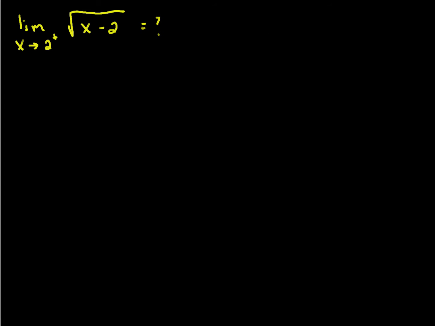Well, to compute it, we're going to let h be infinitely close to 2, but h strictly bigger than 2, right? Because we're approaching from the right, so h is going to be greater than 2.